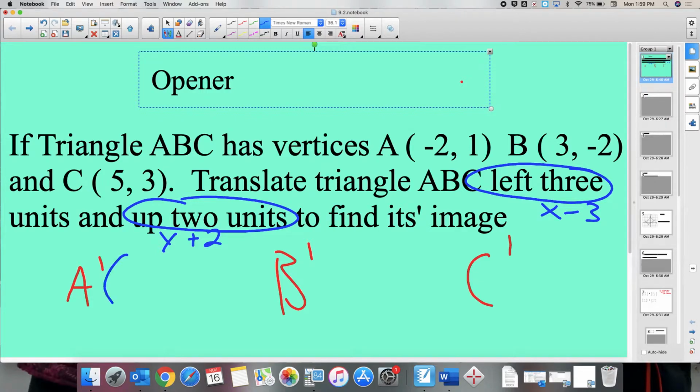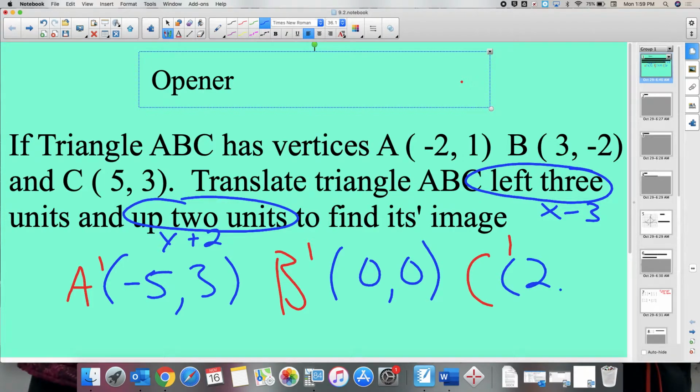So for A prime, we're going to end up at negative 5, 3. For B prime, we're going to end up at 0, 0. And at C prime, we're going to end up at 2, 5. Right, so just shifting those around using those translations.